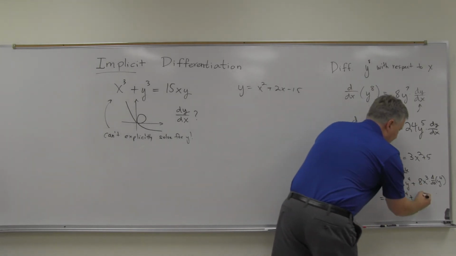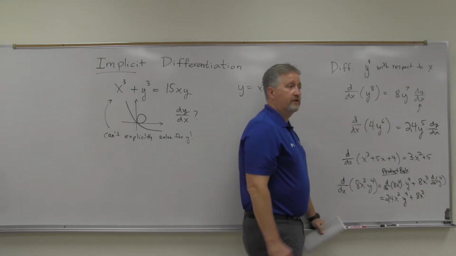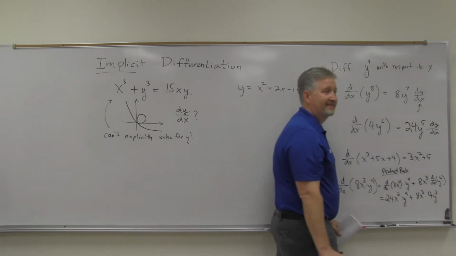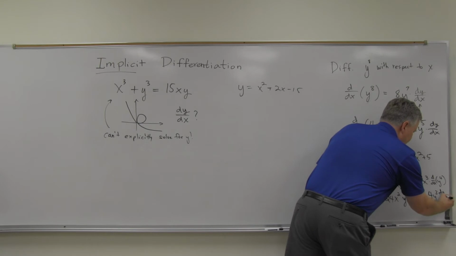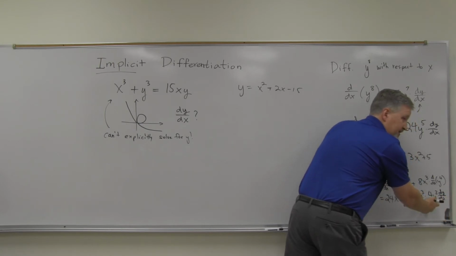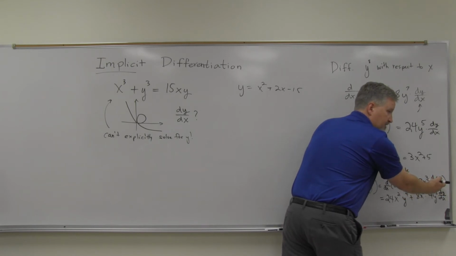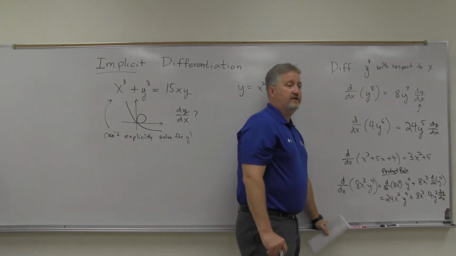But then over here, I've got 8x cubed. The derivative with respect to x of y to the fourth, well, that's power rule for y cubed, but what else do I need with it? dy over dx. And again, why do I need it here and not here? Well, it's because I'm doing the derivative with respect to x of a y here, or a y expression. And whenever you do the derivative with respect to x of a y expression, you've got to add this dy over dx expression.